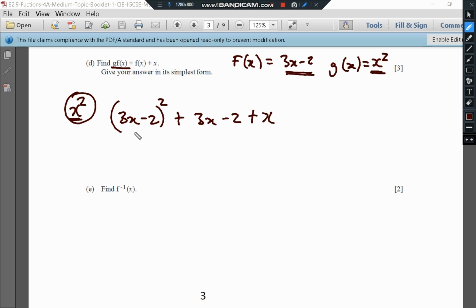So now to simplify this, we need to expand the double brackets. The double brackets means we've got 3x minus 2, because it's squared, again 3x minus 2. It is that guy times that guy, again the same guy times that guy, this guy times that guy, and this guy times that guy. We've done expansion of algebraic expressions with double brackets, so I'm not going to waste time here.